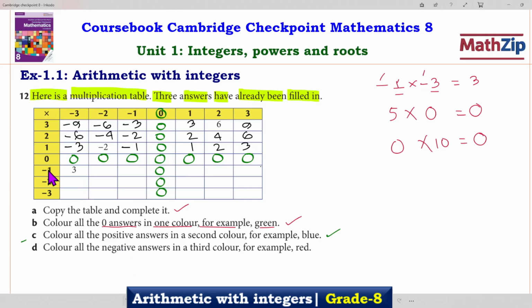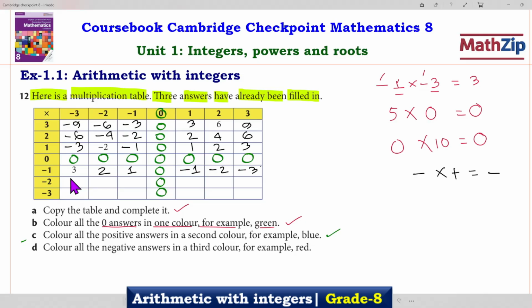Okay, next row, -1 times -3 is 3. -1 times -2, it should be +2. -1 times -1, it's +1. So here is -1, -2 and -3, because these are -1 and here all the things are positive. So negative times positive will become negative, right?